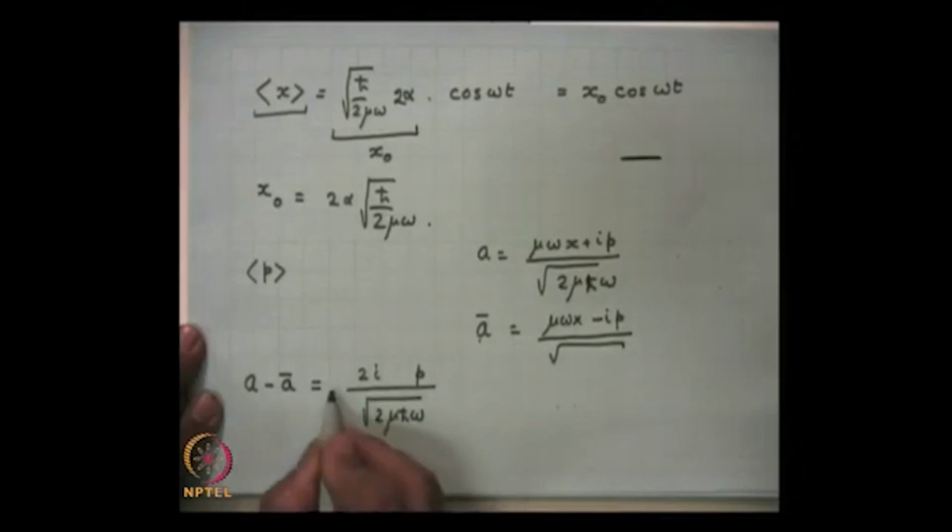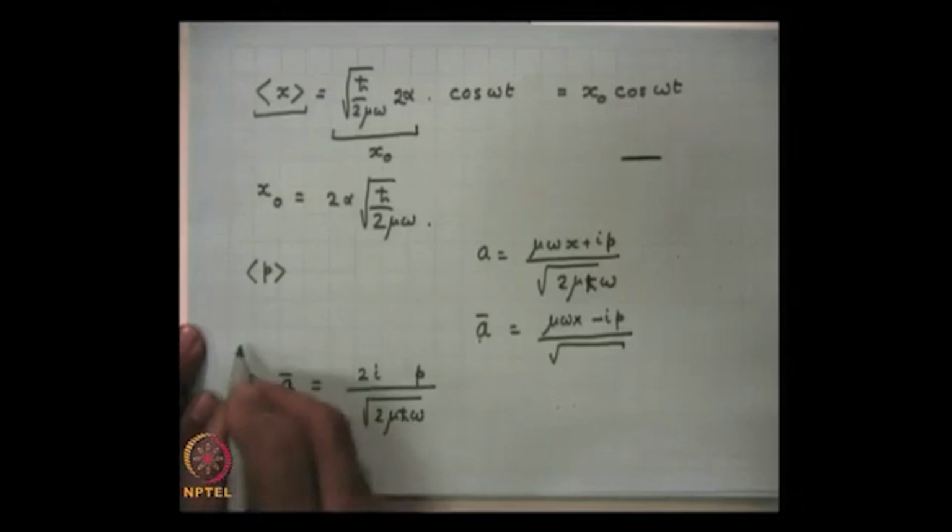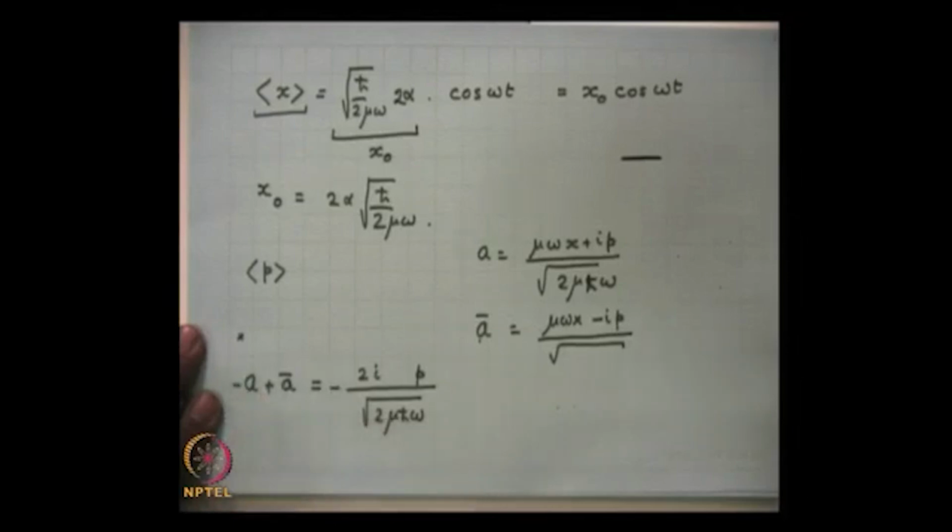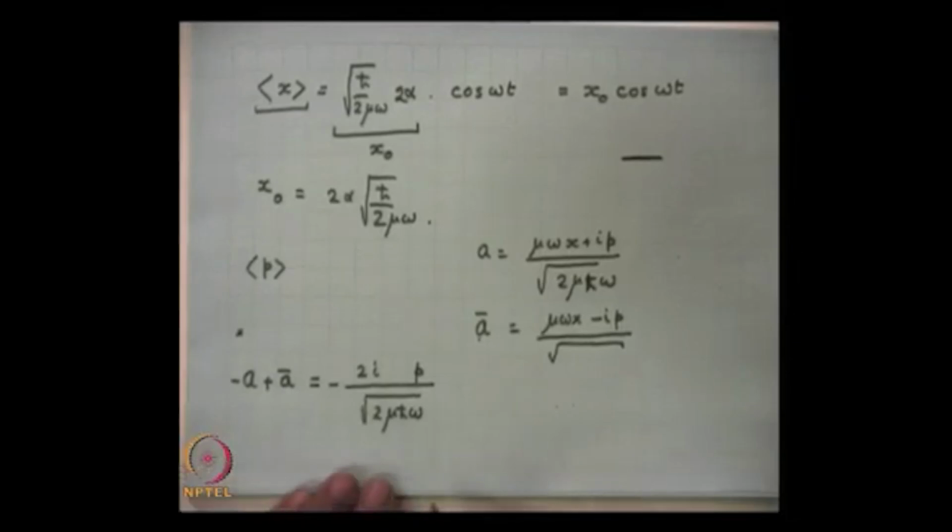If I multiply both sides by minus sign, I get minus here, plus here and minus here, and then I multiply by I, so that the right hand side becomes plus.